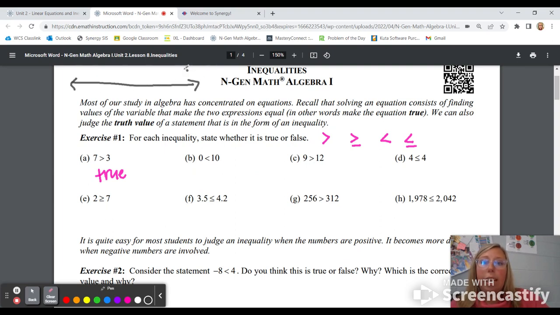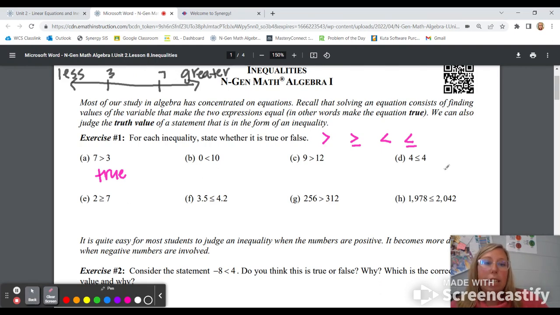The further to the right a number is, the greater its value. The further to the left, the less its value. So when you're comparing numbers, you can consider where those numbers fall on a number line. So of course, 7 is further to the right than 3, which means that 7 is greater than 3.